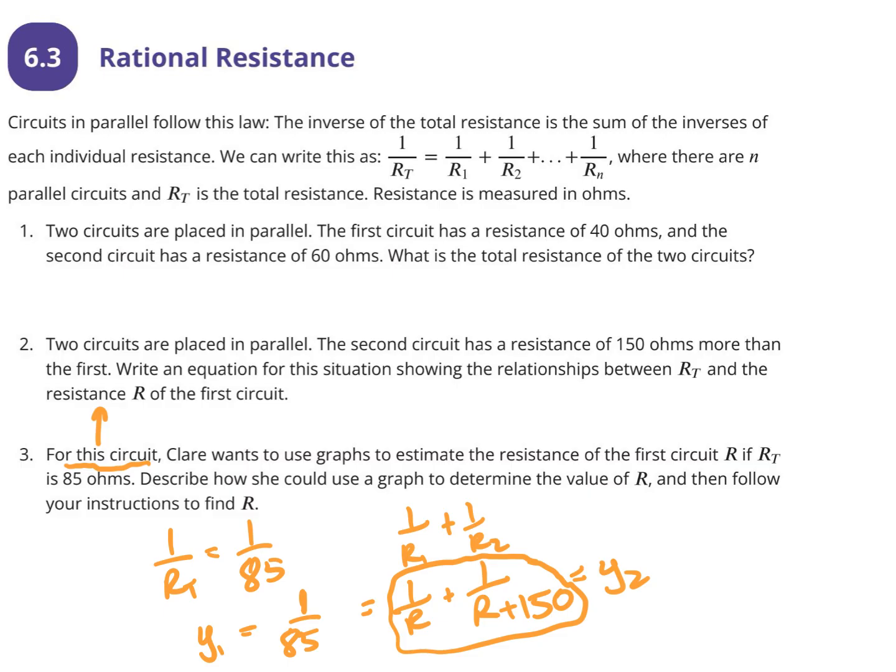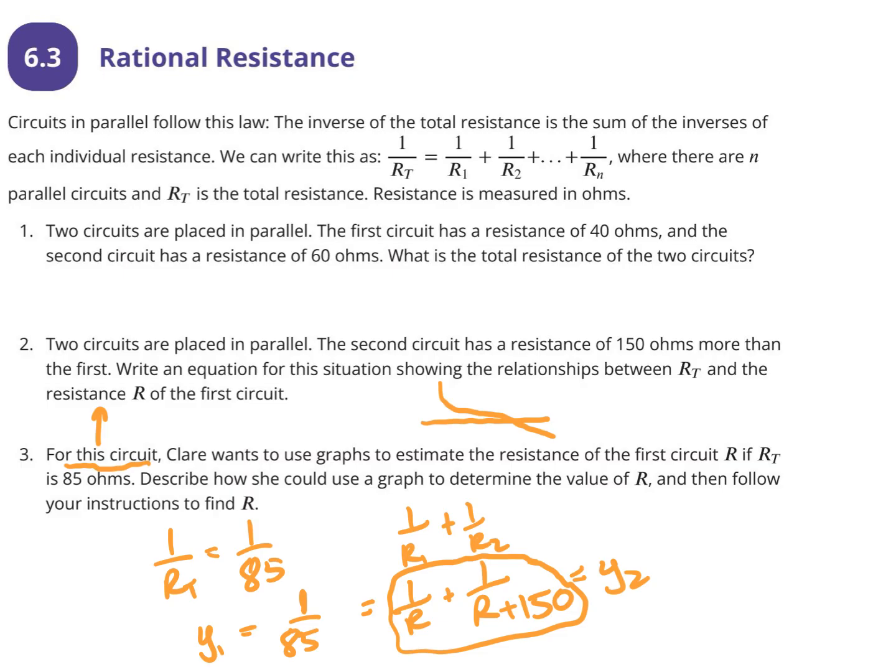At what x value are both y's the same? You see, so 1 over 85 is going to be a flat line, a horizontal line. And the next one is going to be some type of curve. And they'll intersect somewhere. I don't know, but they will. You'll graph it and you'll find that. That's what you're looking for.